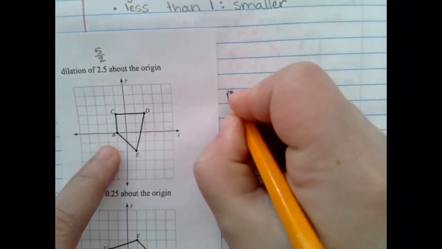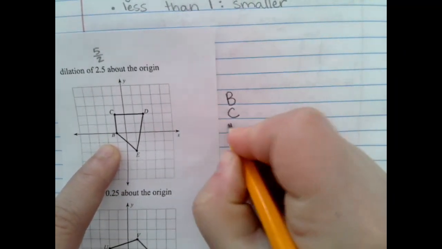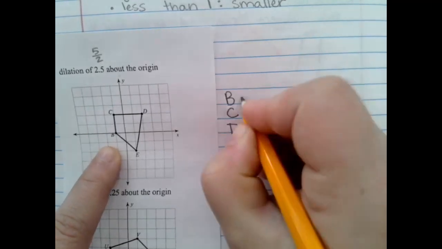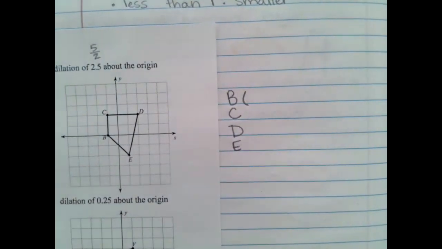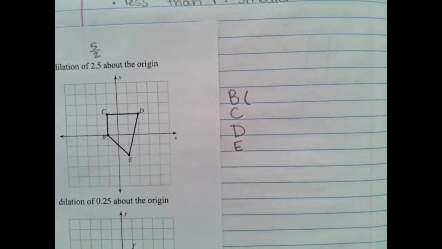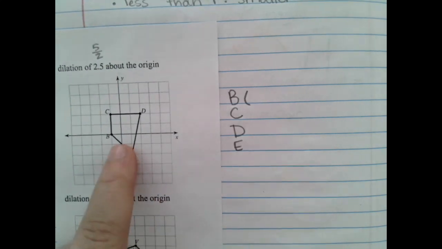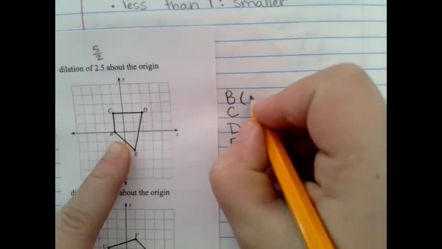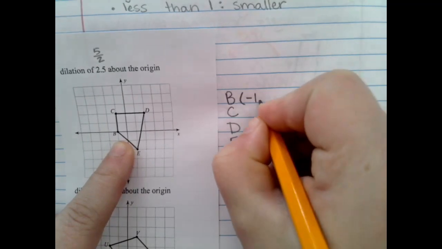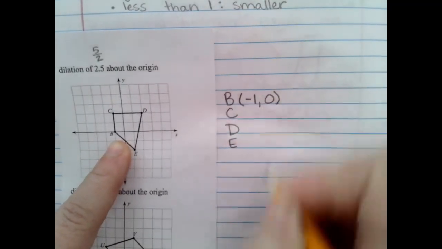So what we're going to do is write down our ordered pairs here. So we have B, C, D, and E. For B, what's our first ordered pair? Yep, -1, 0.